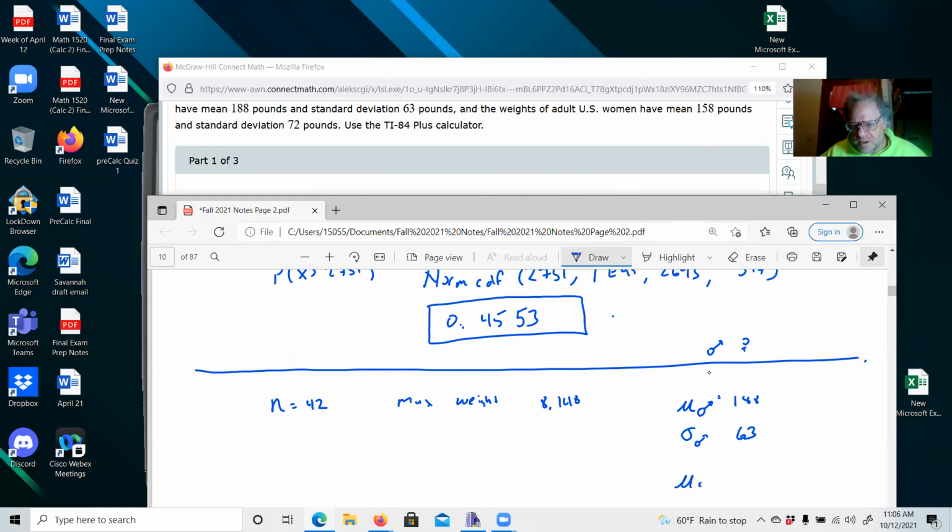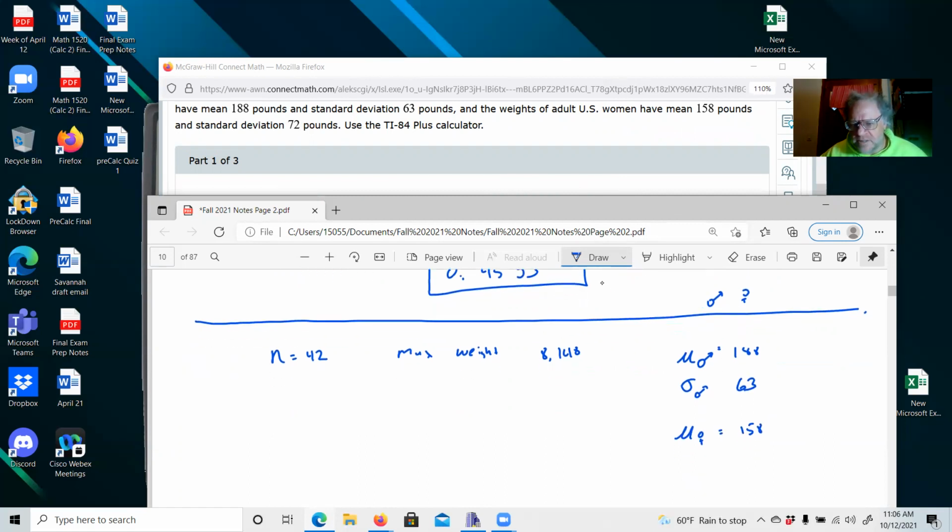So mu of that is going to be 158. And standard deviation, that's sigma. It's a weird thing to draw, right? So sigma for women is going to be 72. So female, male.